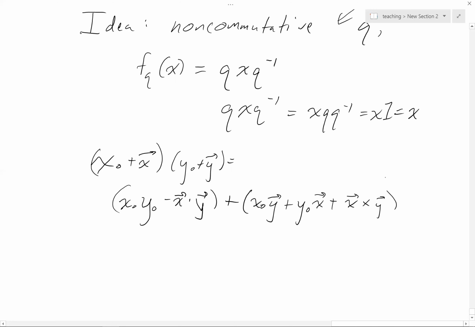So the point was, this cross product is the only non-commutative part, right? So everything else, if I switch the x and y, I would get the exact same thing.